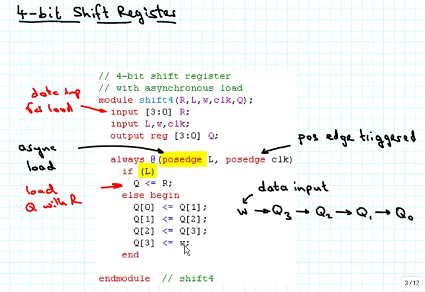We have W, which is the data that comes in, that goes into Q3, and then Q3 goes into Q2, Q2 into Q1, Q1 into Q0. So we create this chain here of the shift register entering at the Q with the highest index and going all the way down to the Q with the lowest index.